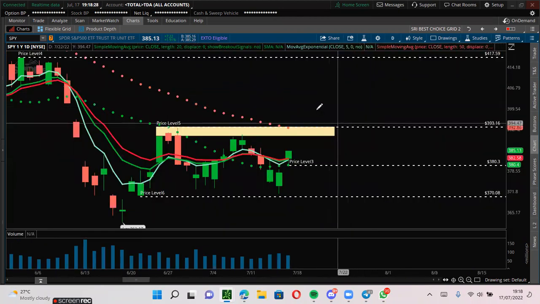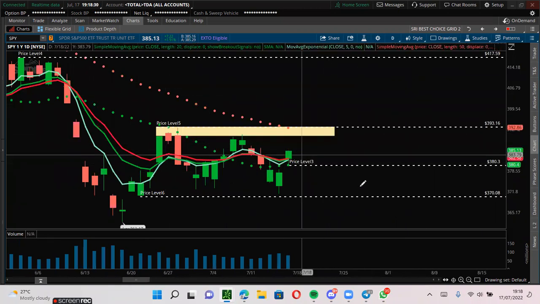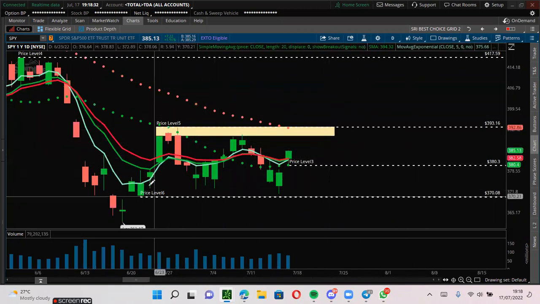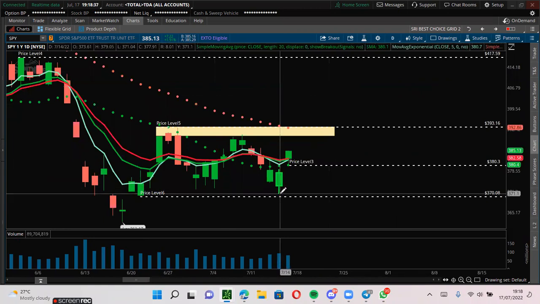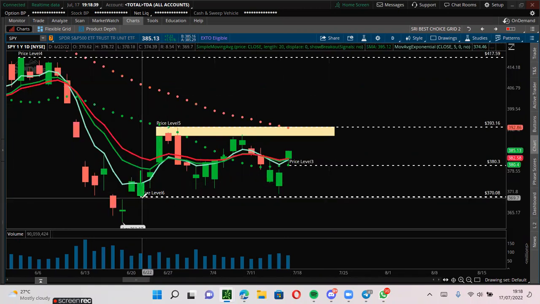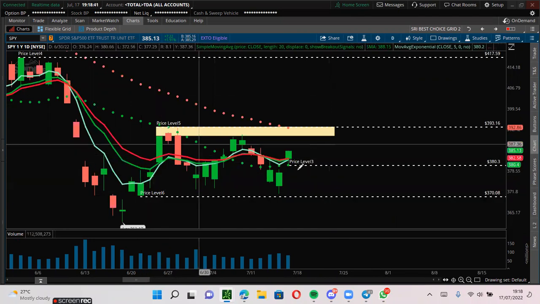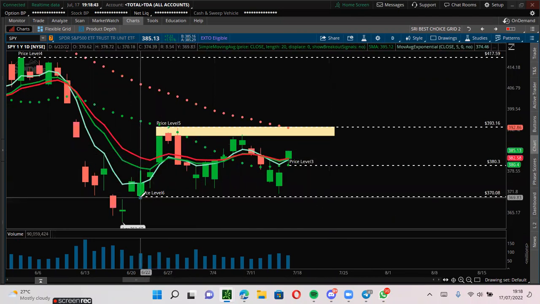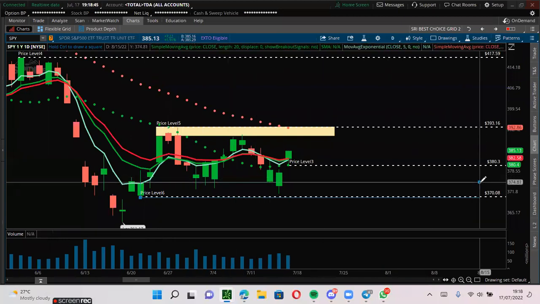Where is the next support? Right here. If you look here, there are a couple of points where the market tends to go down, but eventually they reverse right here. So I'll start adding these as my good support levels.